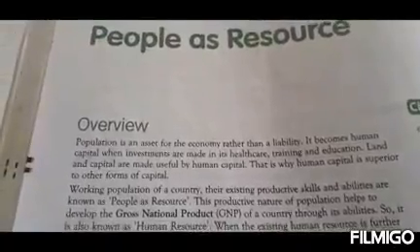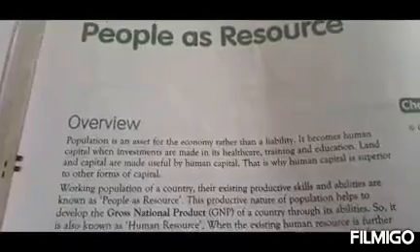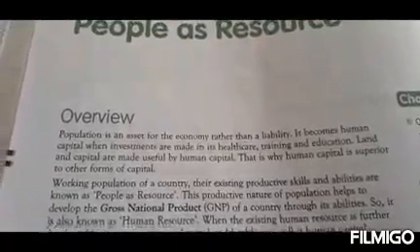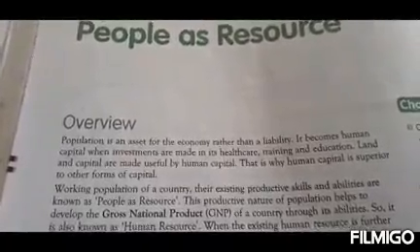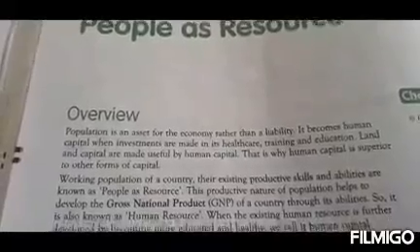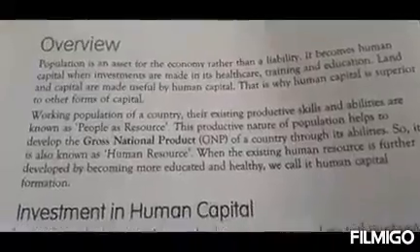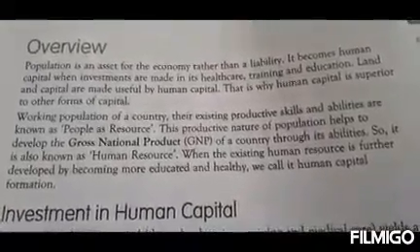So people are the most important asset for the economy rather than a liability, because it is only the people that convert all other natural resources into valuable things. People as resource is the working population of the country.